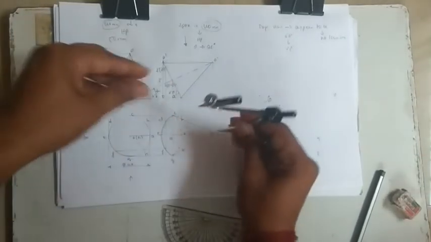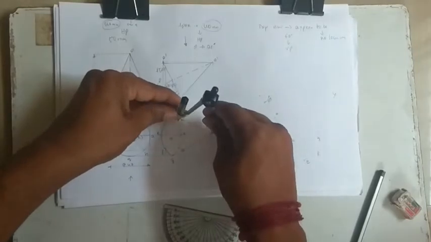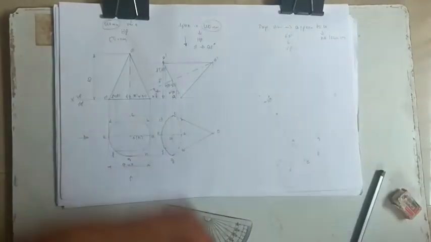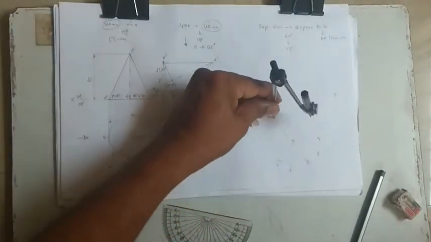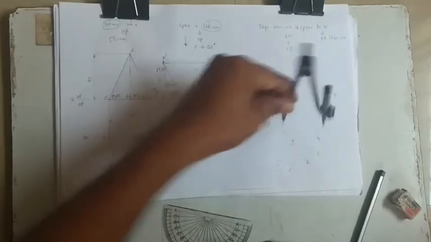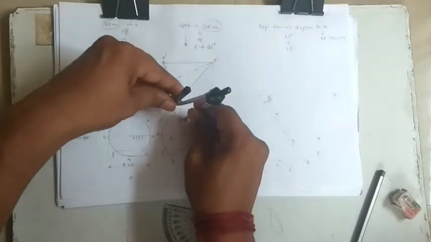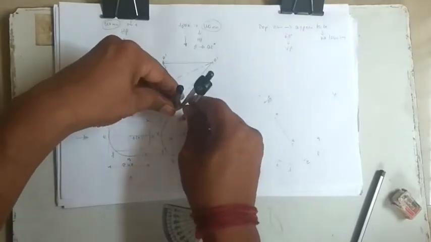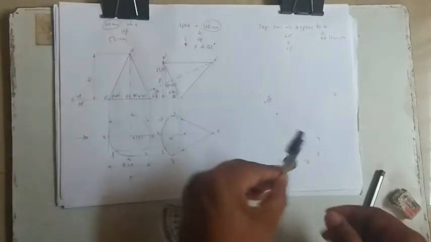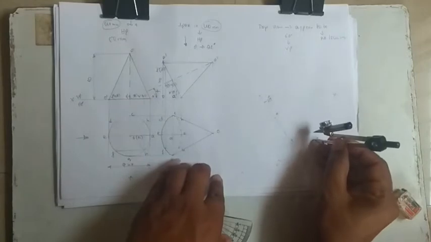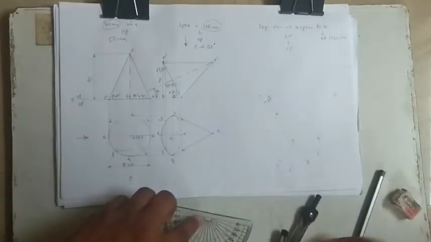So now similarly you take O to H. That is, O to H will come this side, and B will come from this side.